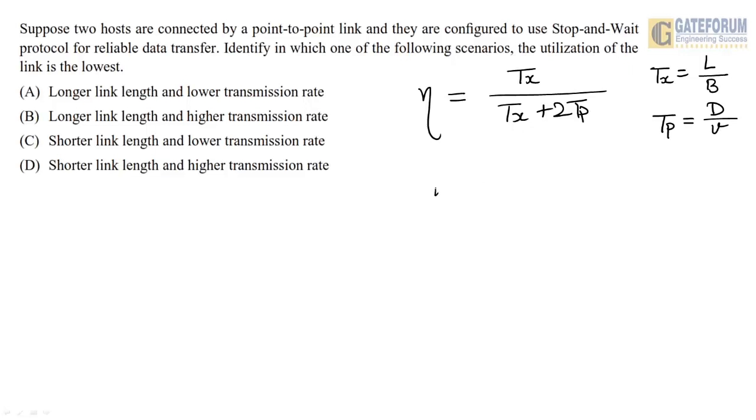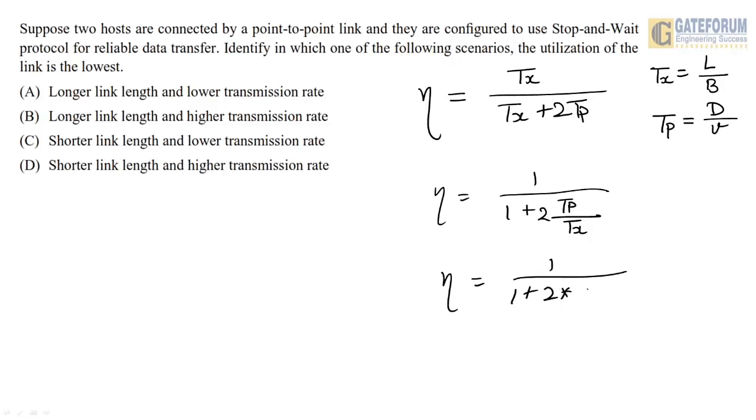So we can say that efficiency is equal to 1 upon 1 plus 2Tp by Tx. According to that, it is 1 upon 1 plus 2 into Tp, where Tp is D by V, and Tx is L by B. Now in the question, we want the link utilization low, which means we want low efficiency.